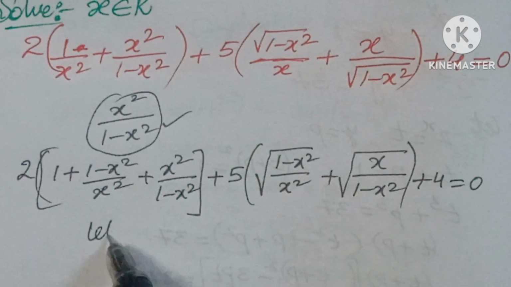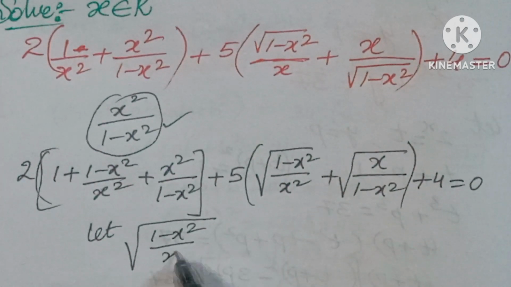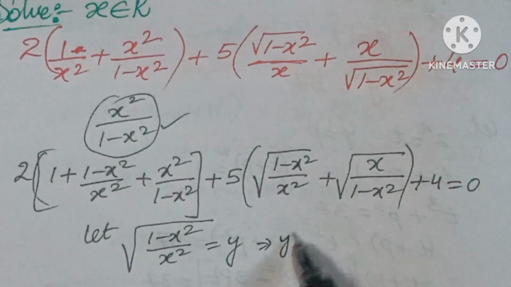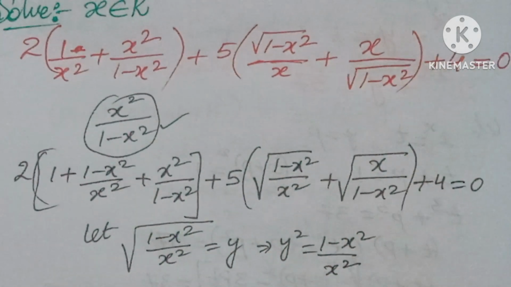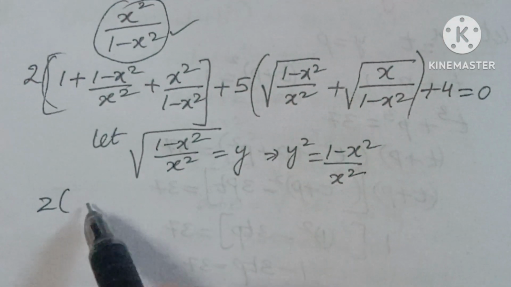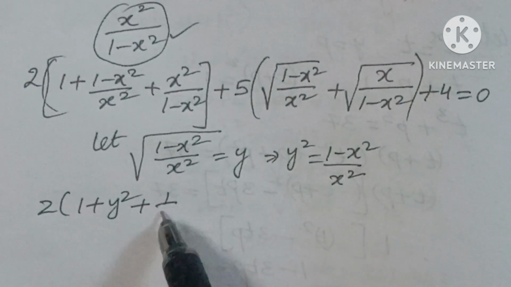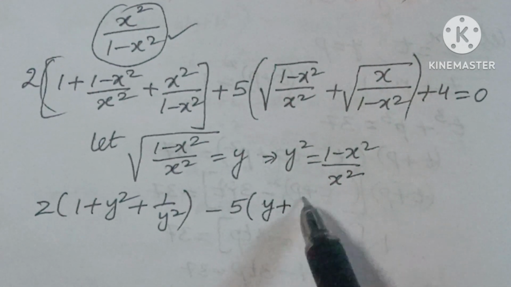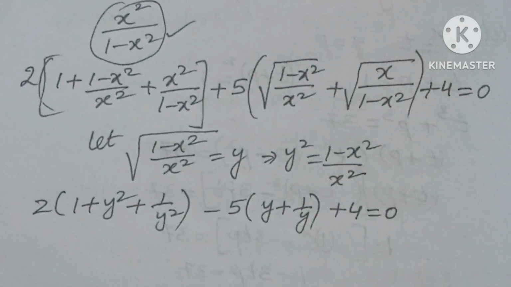Let us take root of 1 minus x square by x square is equal to y. Then y square will be 1 minus x square by x square. Now if you substitute these values here, the equation will become 1 plus y square plus 1 by y square, minus 5 into y plus 1 by y, plus 4 equal to 0.